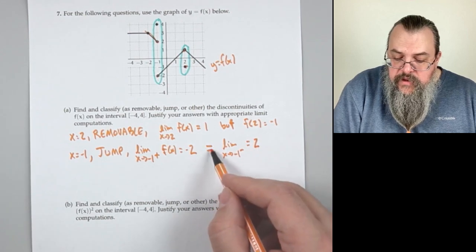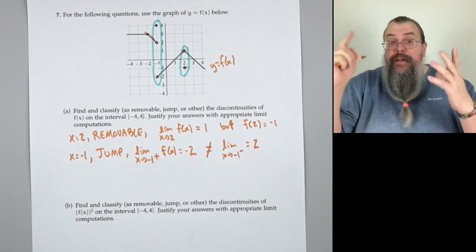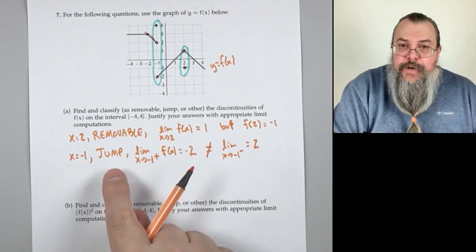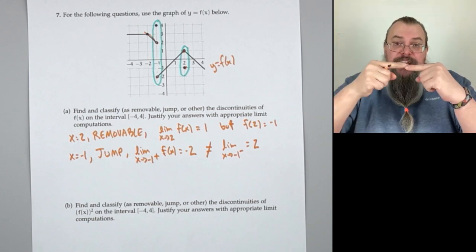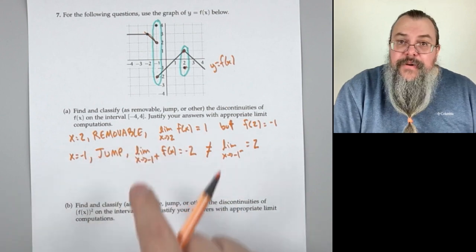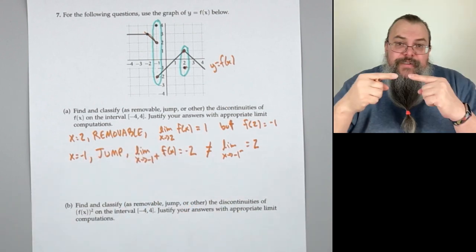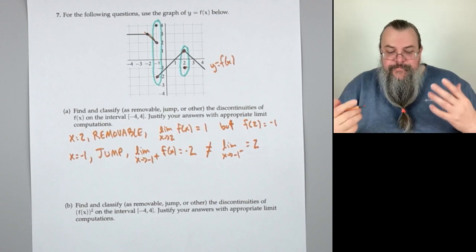And the key is these are not the same. So if your one-sided limits disagree but exist, it's a jump. If the one-sided limits agree, which means the limit exists, but the function disagrees, it's removable. If the limits agree and the function agrees, it's continuous.